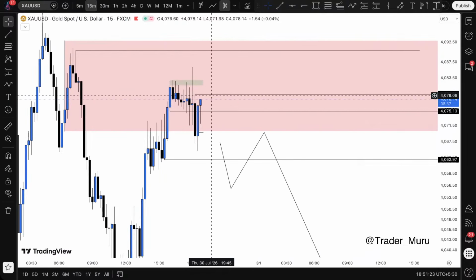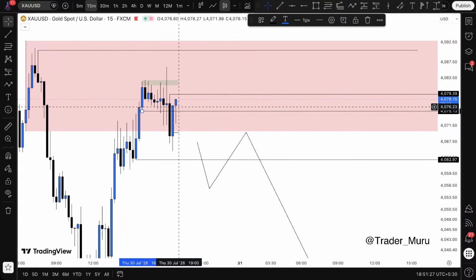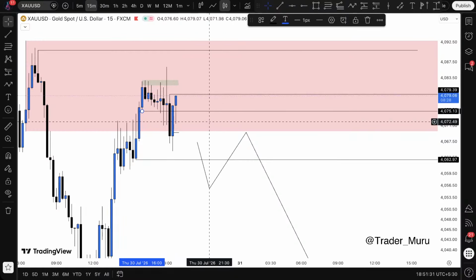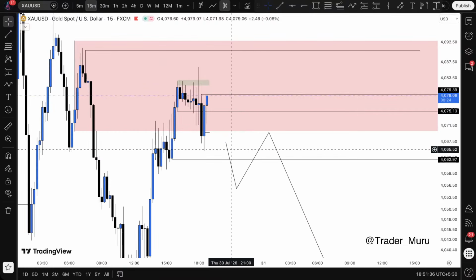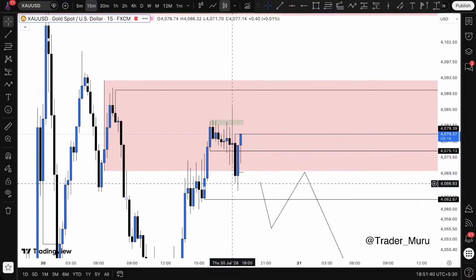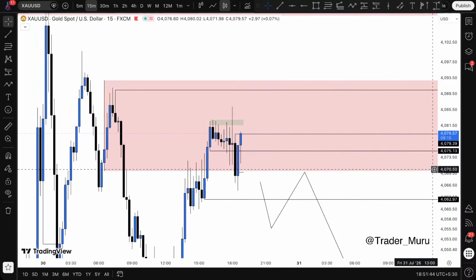Going for sweep. See, until we have a close back below, it will still be a risky range here. Maybe 95 test first. We have a sweep.